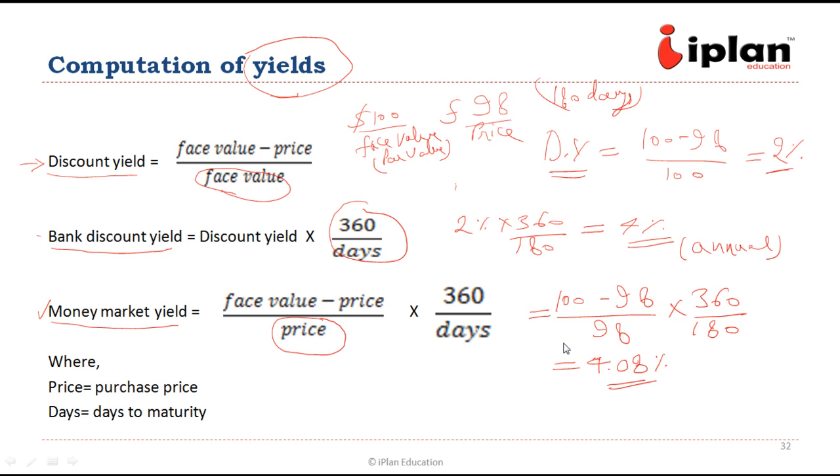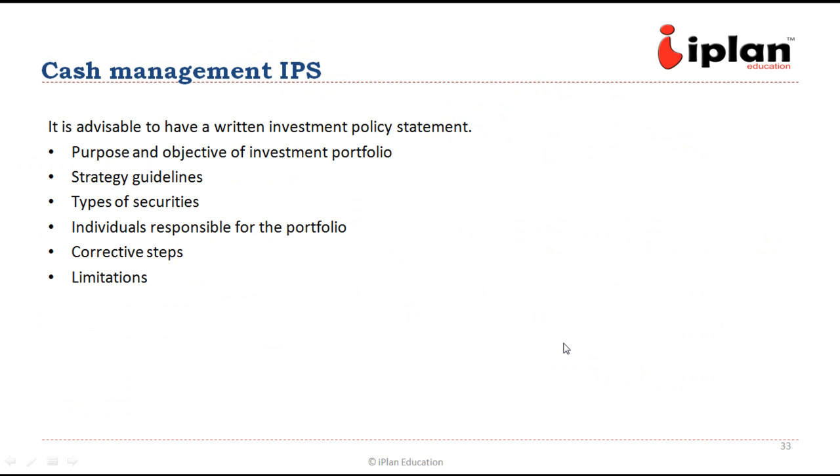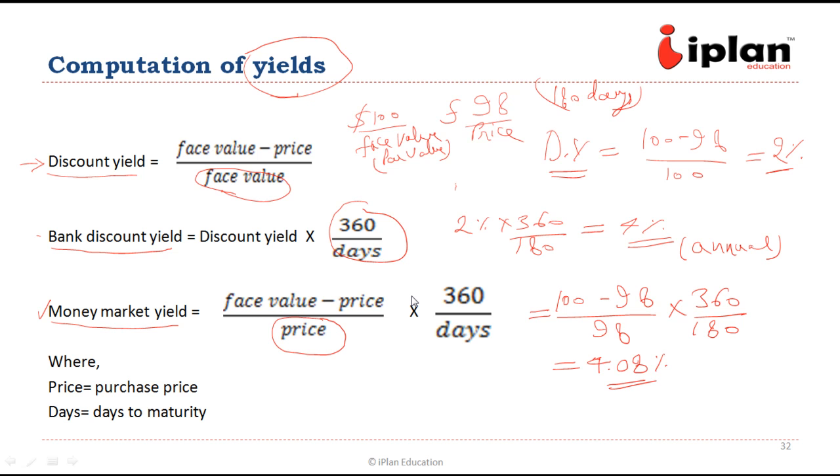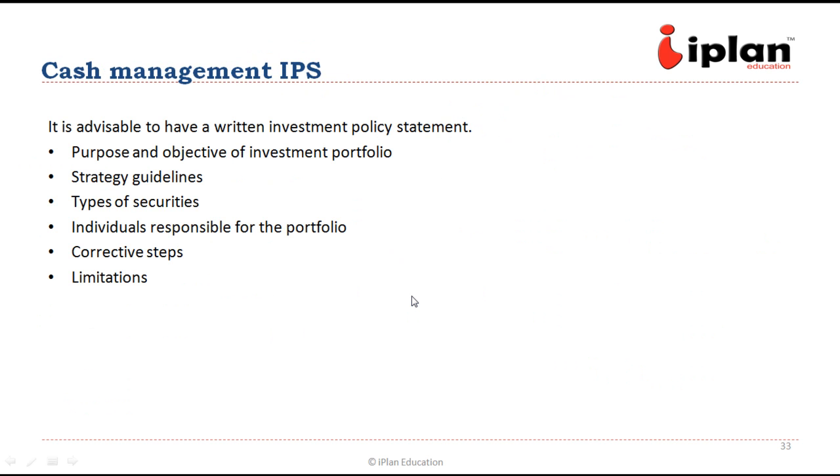Now let us move to the next topic, which is cash management, investment policy statement. It is always advisable to have the investment policy statement in writing, where the purpose and objective is specified.